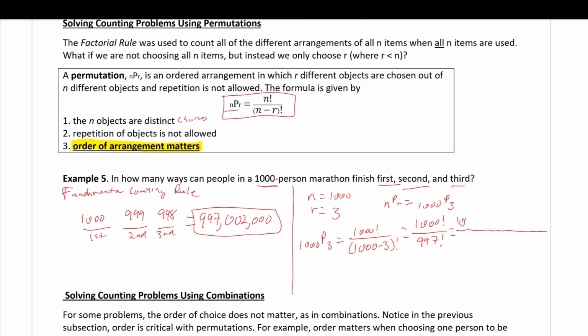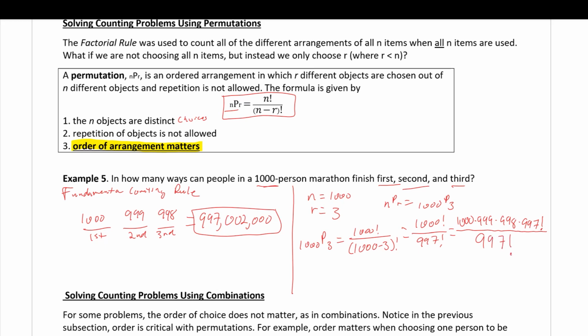We have 1,000 times 999 times 998 times 997, running out of room. But in this case, we actually want to stop here because 997 and everything else to the right of it, that's the same thing as 997 factorial, right? Because that contains everything that's less than that, right? And what do we see downstairs in the denominator? 997 factorial.